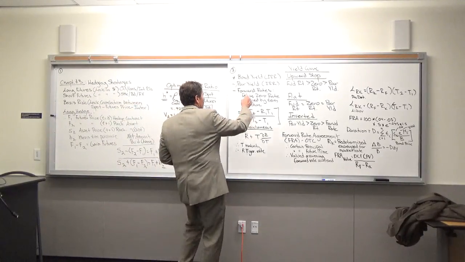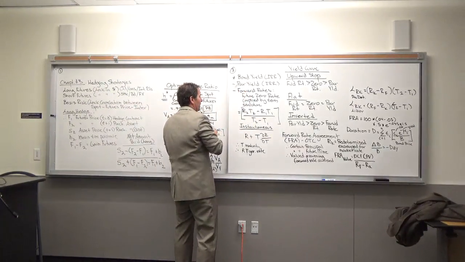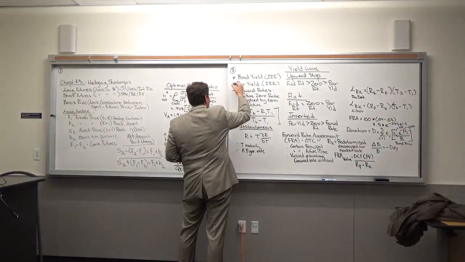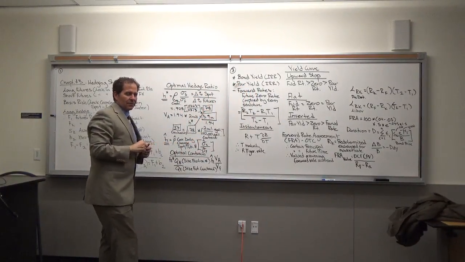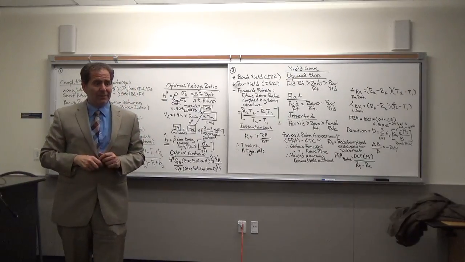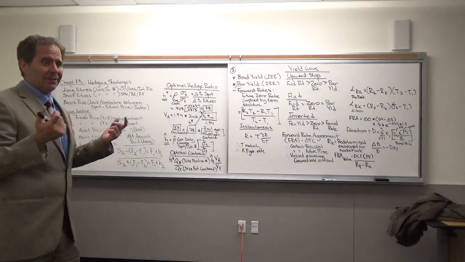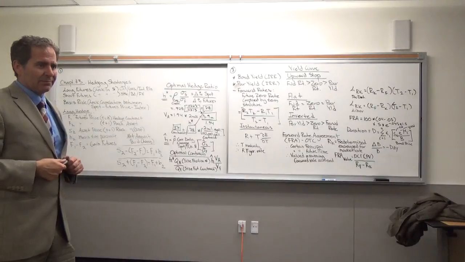And then this one is the par yield, which is really the coupon yield at par. So if the bond is issued at 10% and interest rates are 10%, the par yield is 10%.